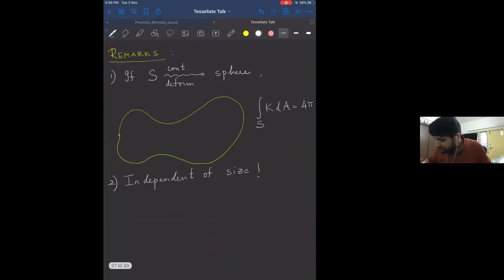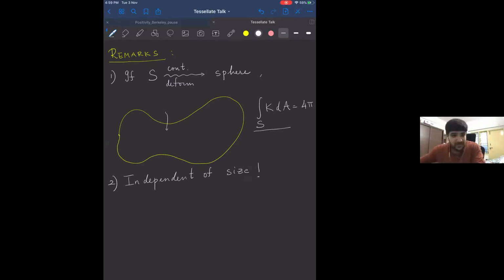Similarly, if you take a sphere, you can continuously deform it into this weird looking object. Of course, the distances on this weird looking object are very different from distances on a sphere, but Gauss-Bonnet tells you that the total curvature will still be 4 pi. Remember, a sphere is uniformly curved.